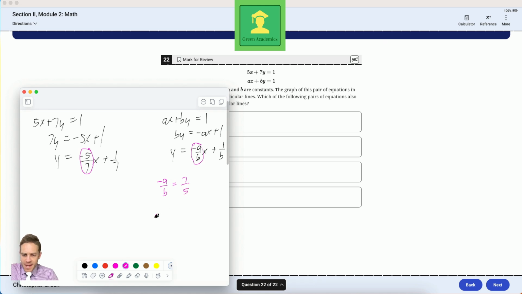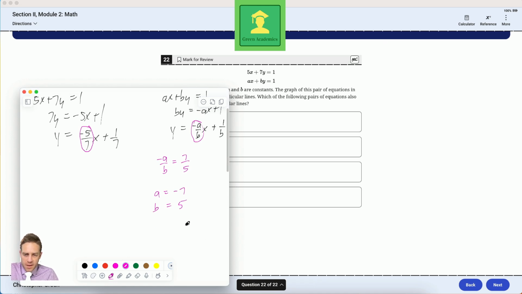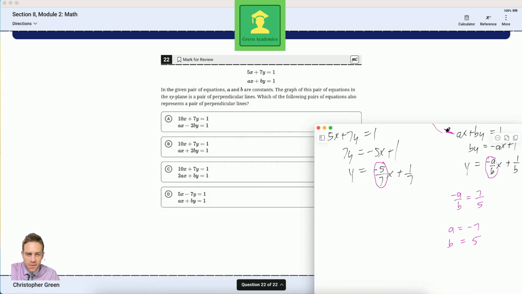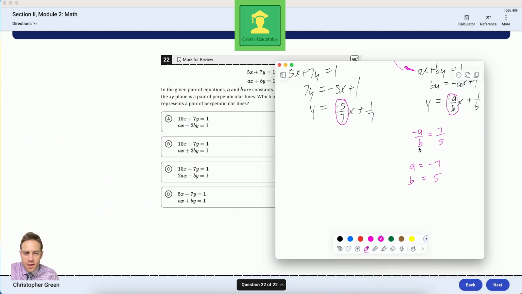So if a was negative 7 and b was 5, then this would work, right? Okay, so now let's see which of the answer choices fit into that same pattern.